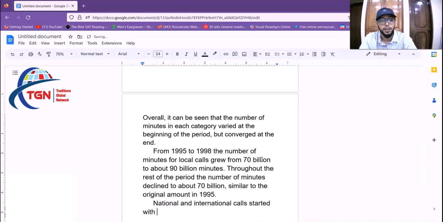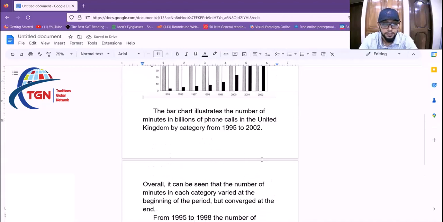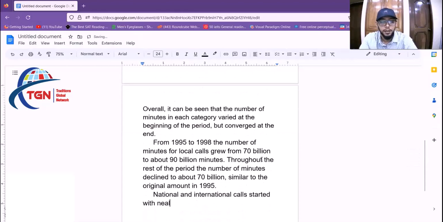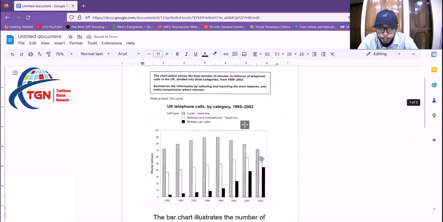Started with, what was the number? 35 billion, let's say. Nearly 35 billion minutes in 1995 and grew steadily until 2002, and it's about a little, what is that, a little less than 60 billion minutes.